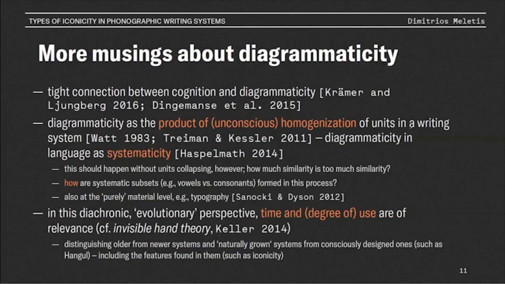So time and use, and also the conditions of use, how widespread was the use, was it regulated, who used the writing system? These are all very important questions that distinguish writing systems, and features like iconicity we find in them.